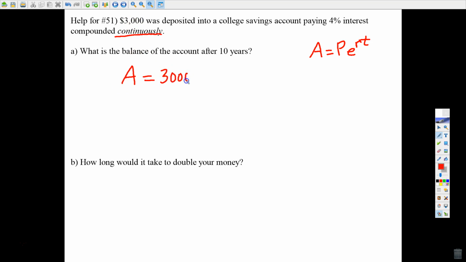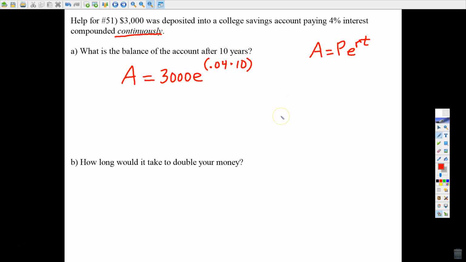So 3,000 times e raised to this power. So be careful here. When you input the rate, we've talked about this when we did our compound interest formula, when it was like monthly. R is the interest rate as a decimal, so it would be 0.04. And then this means multiplied, so I'm going to put a little mark here that means times. That's not another decimal. This is 0.04 times t, t is the number of years.